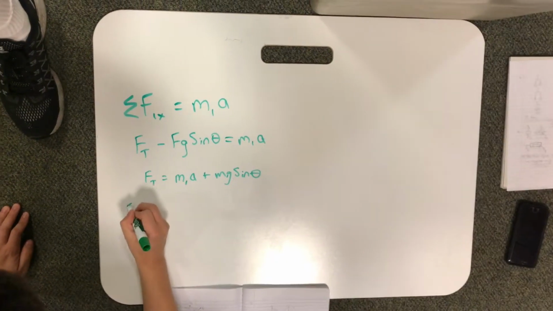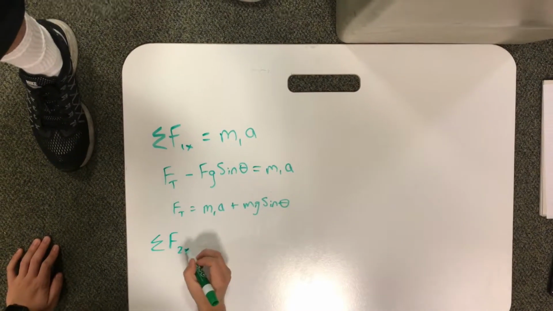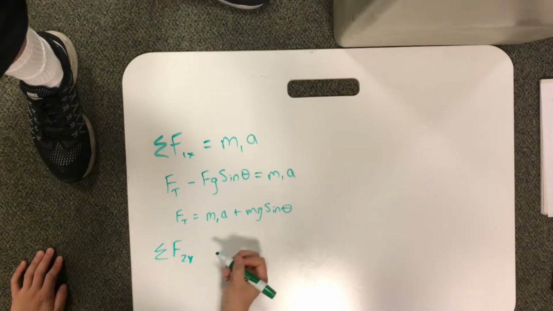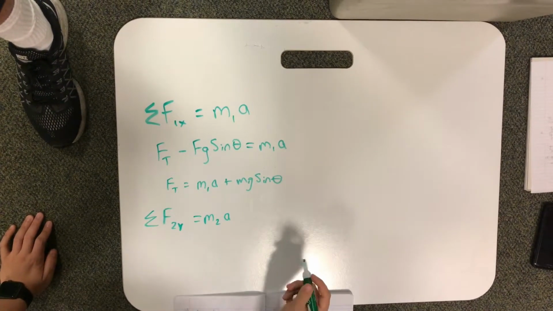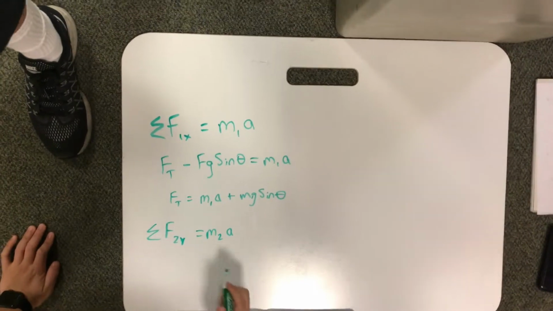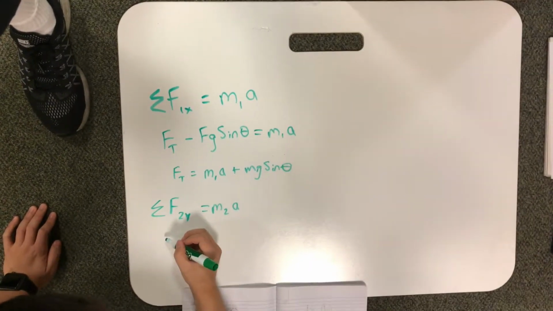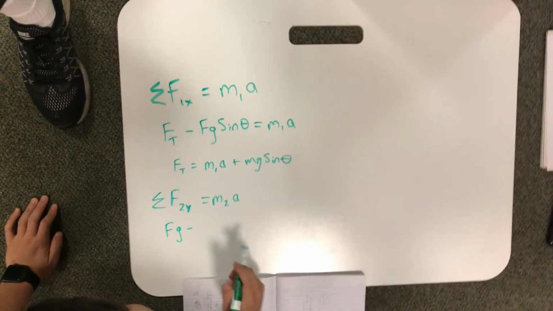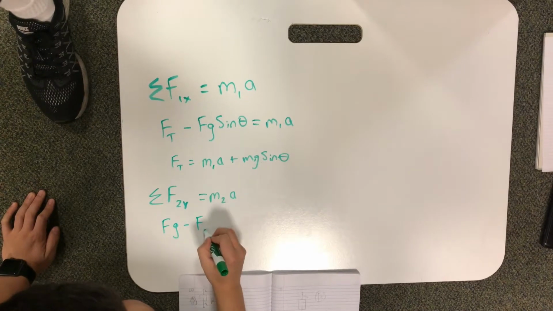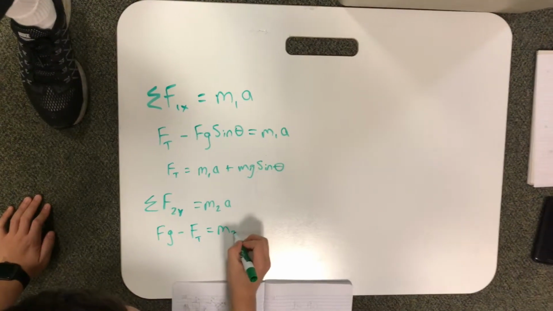Alright, so for our second sigma F statement, we're talking about the forces in the y direction of the second block. So we're going to have sigma F of the second block in the y direction equal to mass 2 times acceleration. And then we can split up the sigma F into the force of gravity on the second block minus the force of tension, which is the force that's pulling upwards on the block.